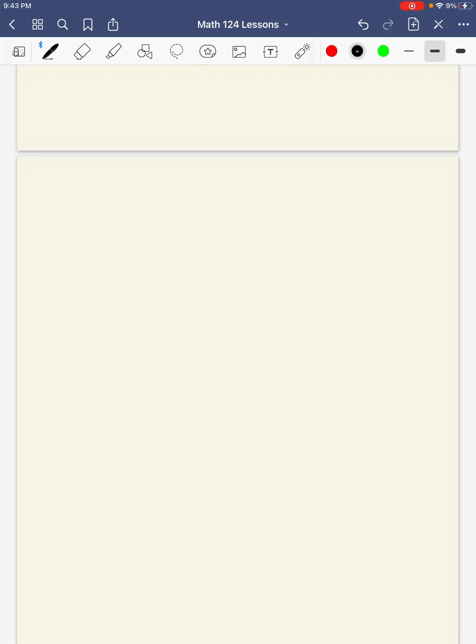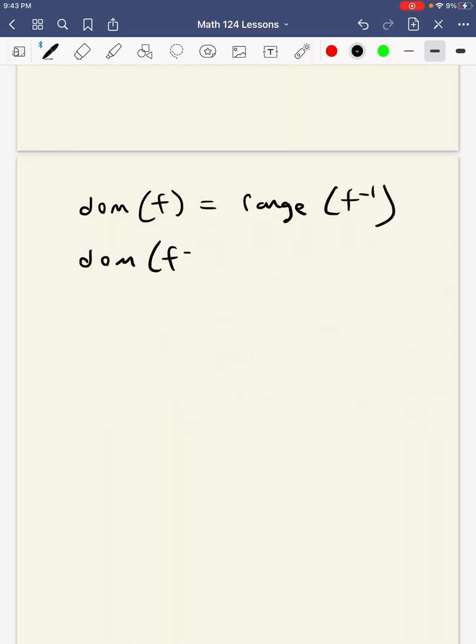Now, let me give you a fact about the domain and ranges of inverse functions. So if we have the domain of f, it actually equals the range of the inverse function. And similarly, the domain of the inverse function is equal to the range of the original function.